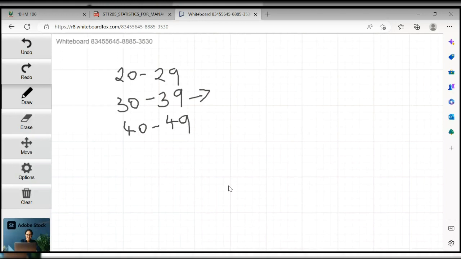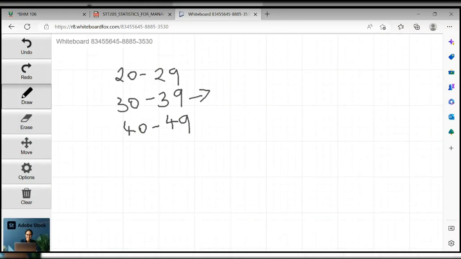Explain to me. It's 30 plus 39, divided by 2.